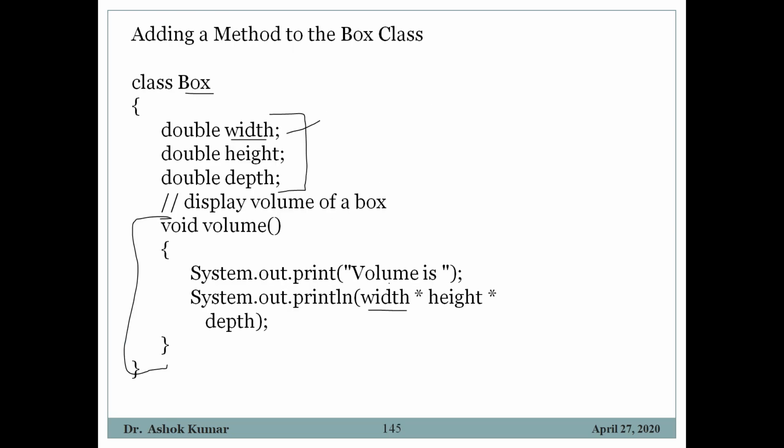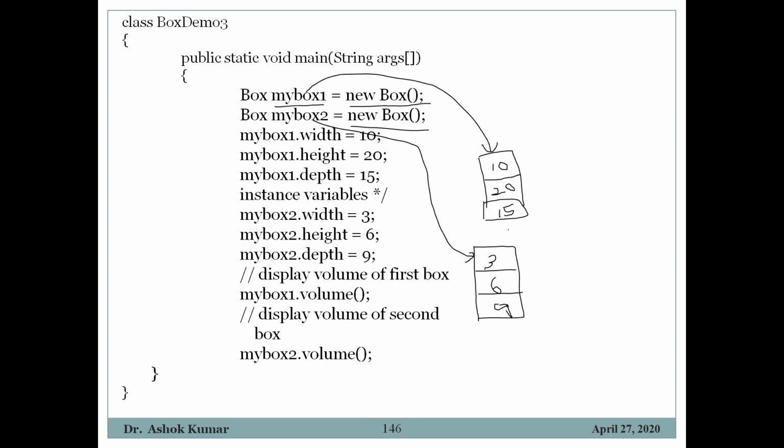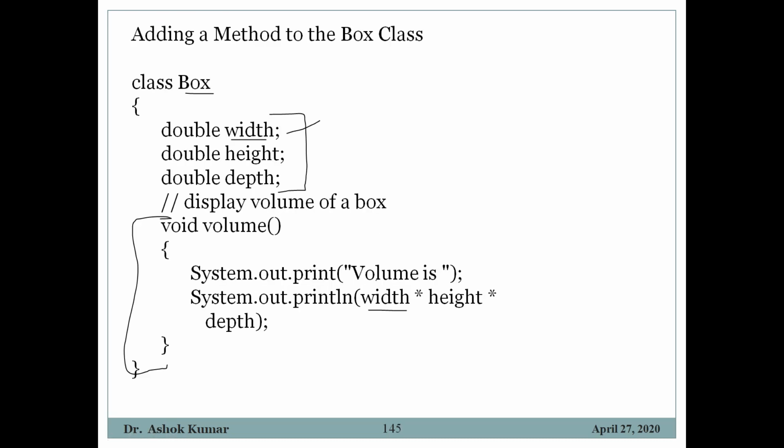So this calls this method, and in this method we will get this result first, volume is, then it will multiply the width, height, and depth of the object with which this method is called, because we are calling this method with mybox1. So this volume method will find the product of width, height, and depth of mybox1. So you will get 10 into 20 into 15, which is 3000 as the result.